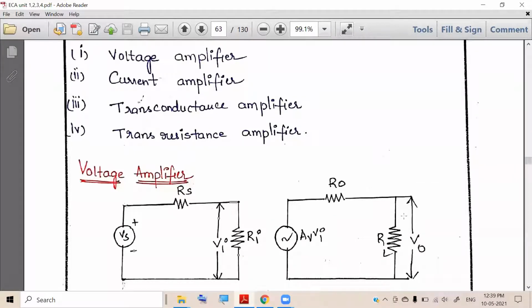Then V0, in this path, will be the drop across this resistor plus this one. V0 will be I0 R0 plus ABVI.